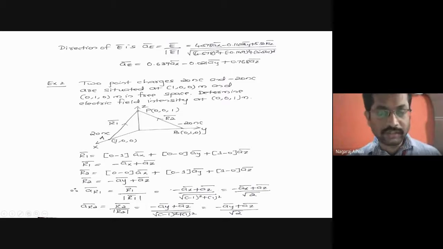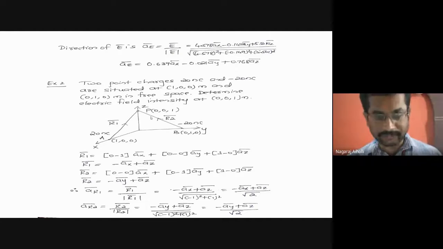And when we use the word on that charge P, that will be our destination. Here we are finding the electric field intensity of the 2 point charges located at A and B on the point P. So the charges A and B will become the source, and the point on which we are finding the electric field intensity will be our destination. Got the point here? Is it clear now? Yes, please.